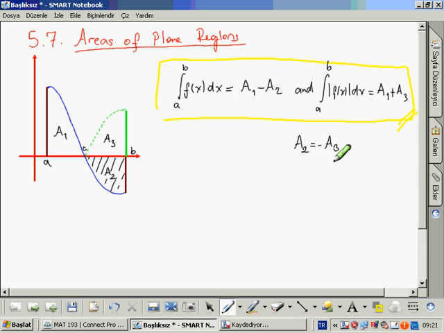By the way, there is no rule for integration from a to b of absolute f of x dx.